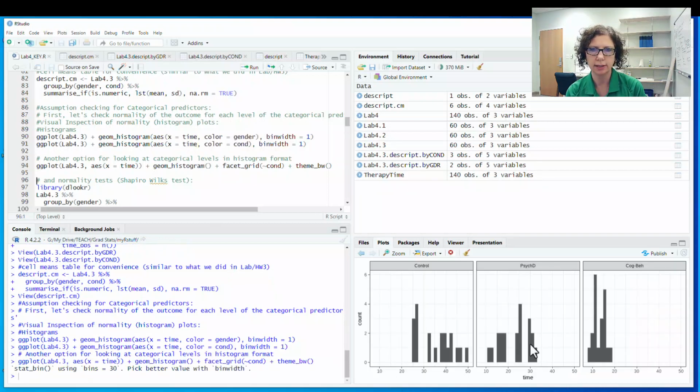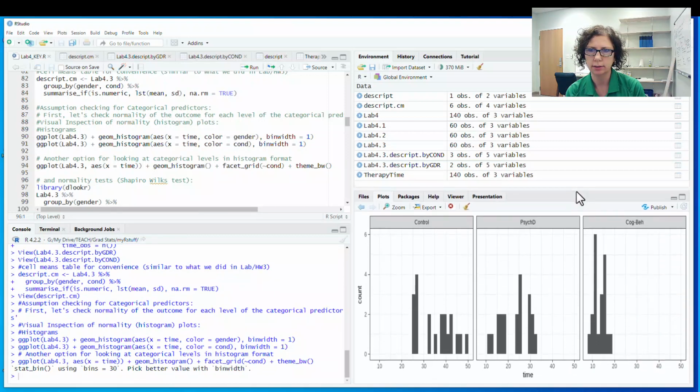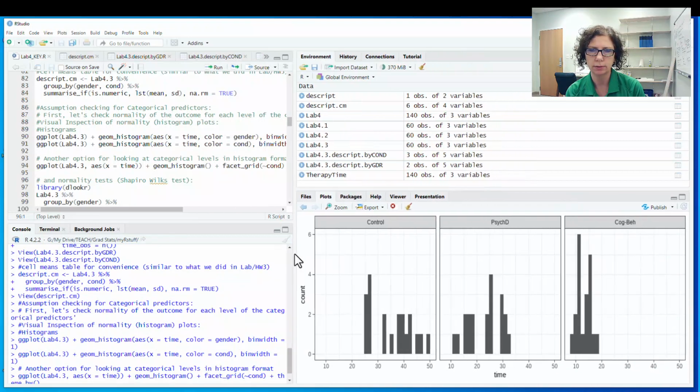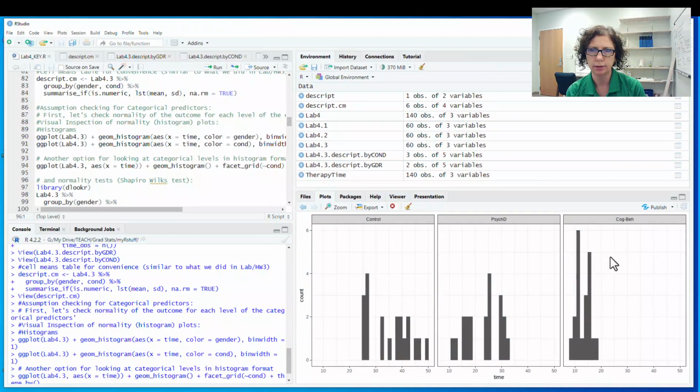So here's facet grid, taking each of those histograms and breaking them out beside each other. So Cog Behavioral is very spiky right here at the bottom. Psych D is still spiky, but a little more rounded, and then control seems very skewed.